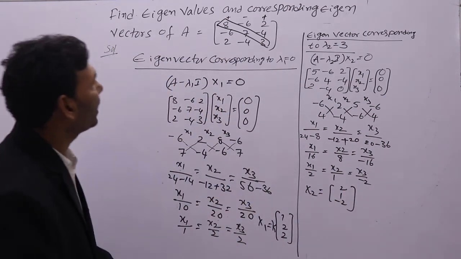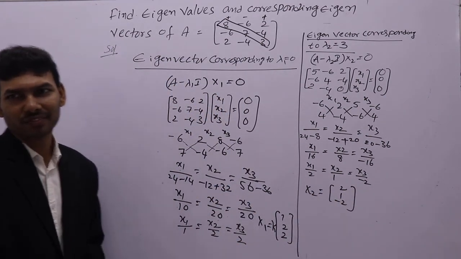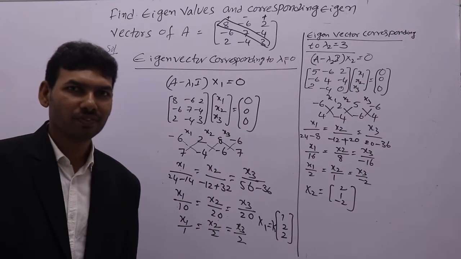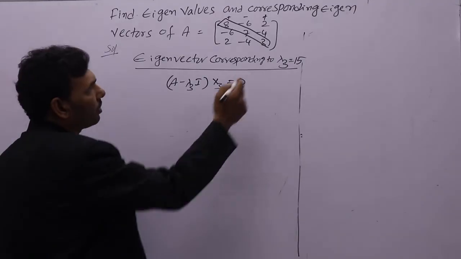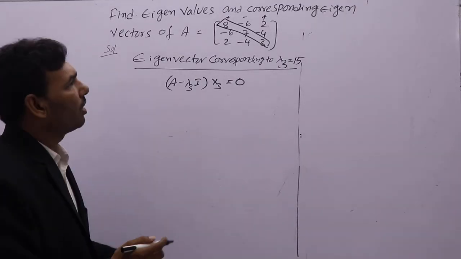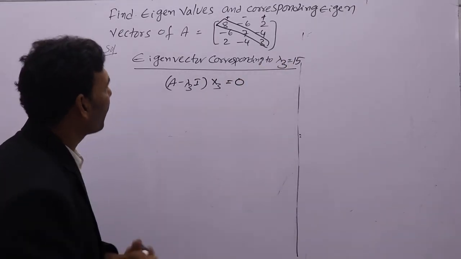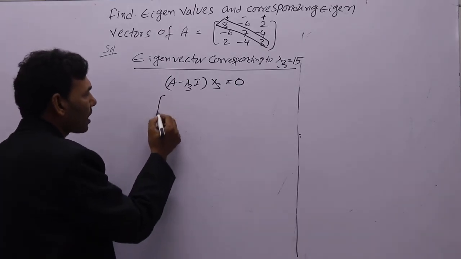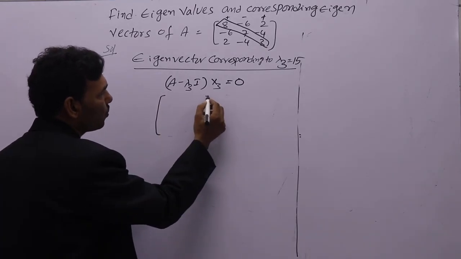Next we need to find the third eigenvector. Now the last eigenvector. For lambda 3 equal to 15 we are going to find the eigenvector. For that also, a similar procedure as we did for the previous two eigenvectors.